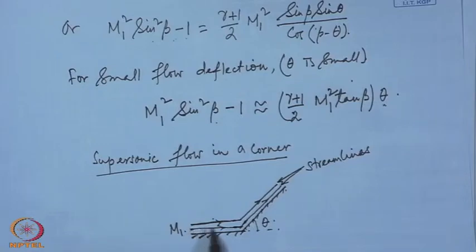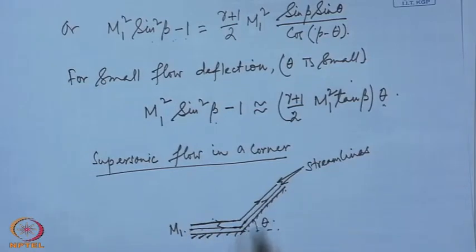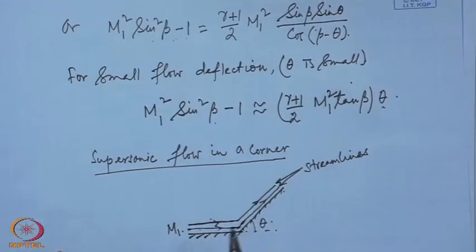So, a corner of angle theta turns the flow by an angle theta, and what we have seen earlier is exactly what an oblique shock does: it turns a flow by an angle theta.